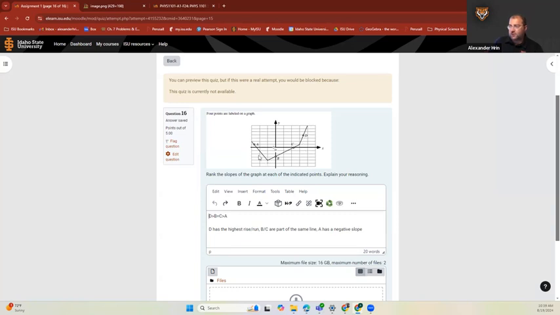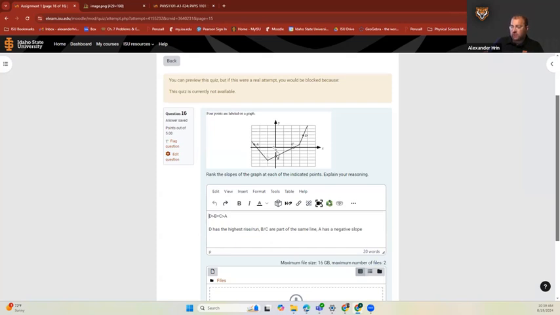Now, some people might look at A and say, well, A is actually steeper than both B and C. But this is one of the things these kinds of questions are designed to get you to think about: A has a negative slope. Even though it might look steeper, if you're skiing down both of these, A would be a steeper slope.